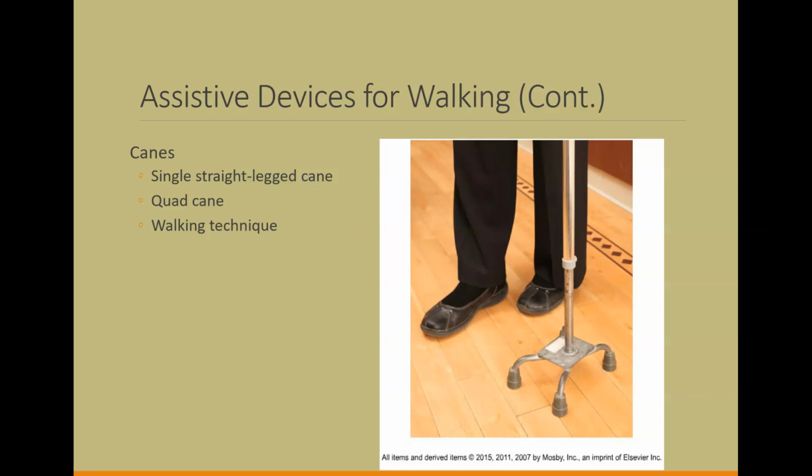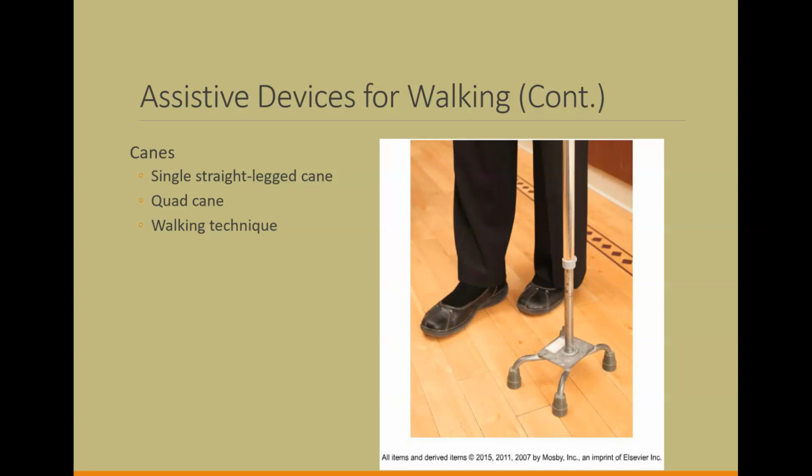And with canes, you need to make sure as the nurse that you are standing on that person's weak side, whatever side is the weakest, for support when they're using the cane.